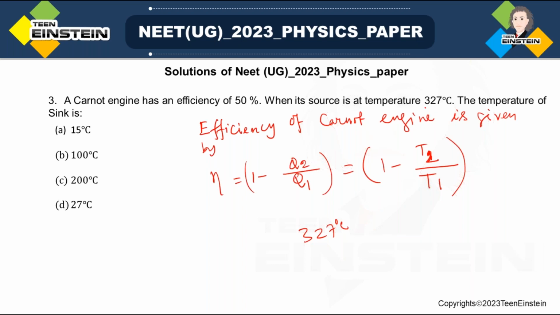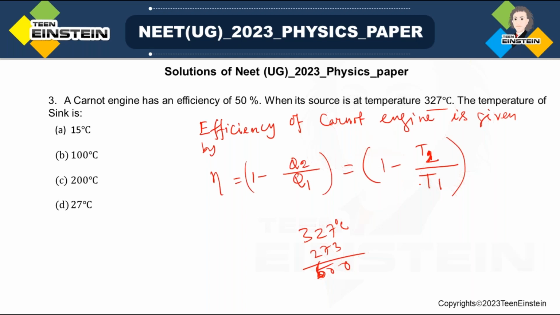If the source temperature is given as this, let us write in terms of Kelvin. Sorry, this is 600.